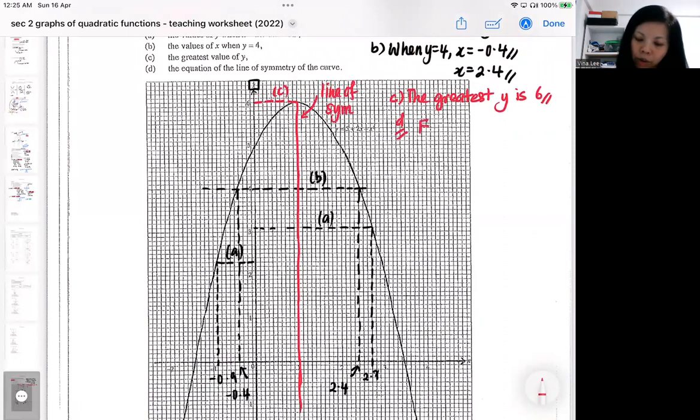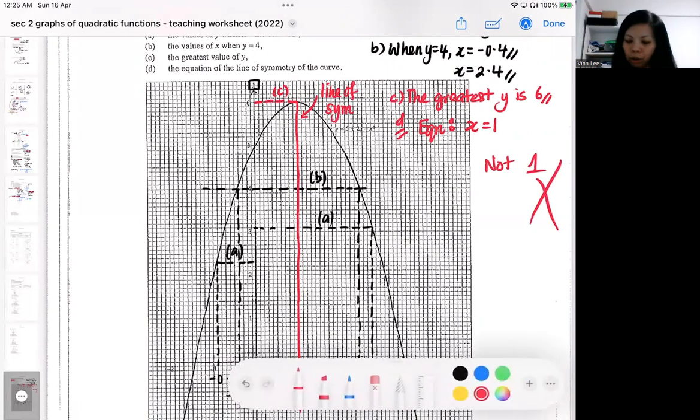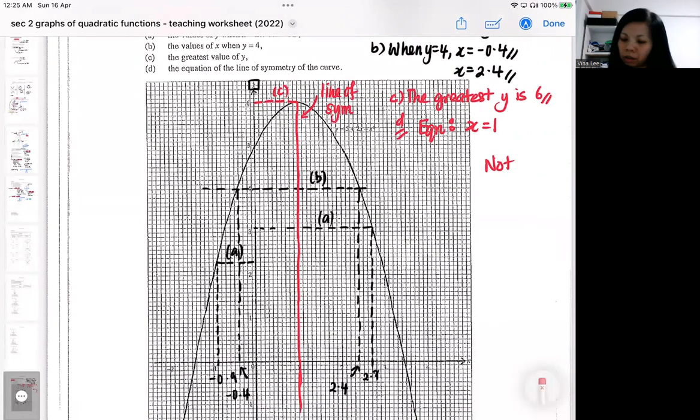So the equation will be x equal to 1. Not just a 1. If you give a 1, no marks. A lot of people will end up with no marks because they never like to indicate. They just give values. So the equation is always x equal to a value.